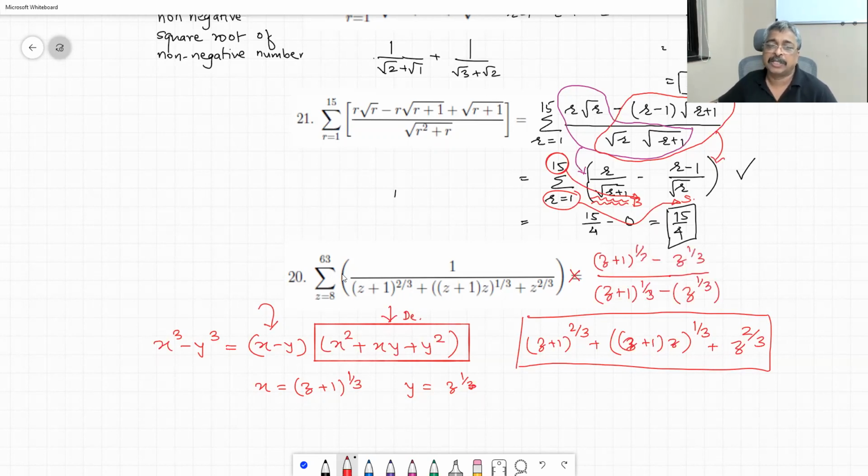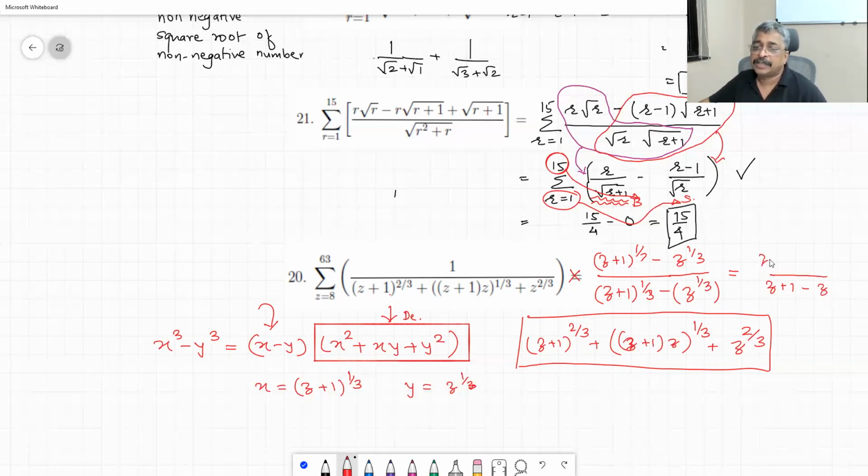So we are not changing the ratio, just multiplying and dividing by the same number. Now if you observe, the denominator would become x cube minus y cube, which is z plus 1 minus z. So the denominator is 1.